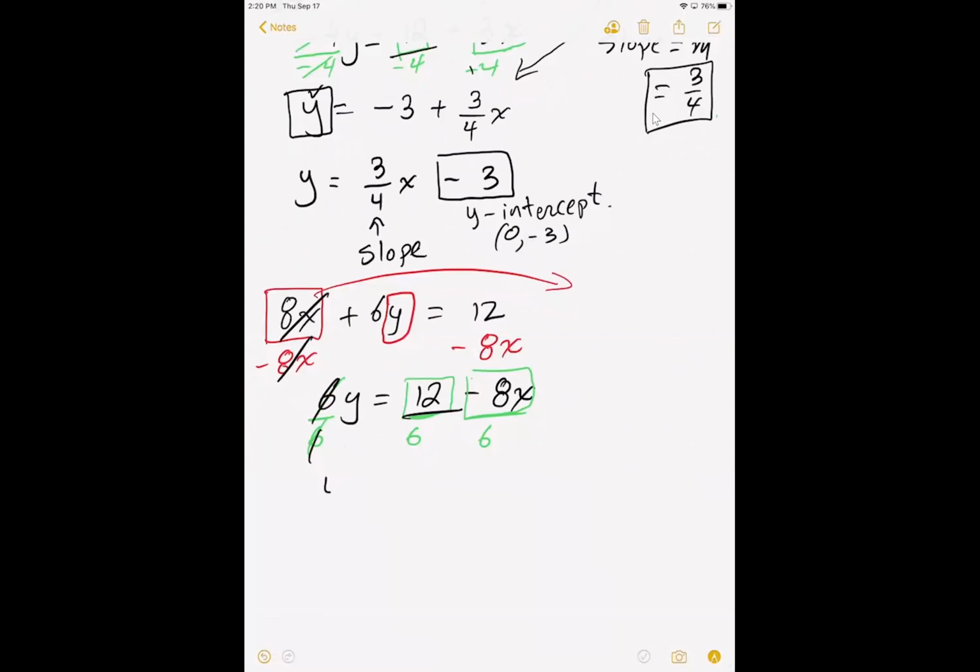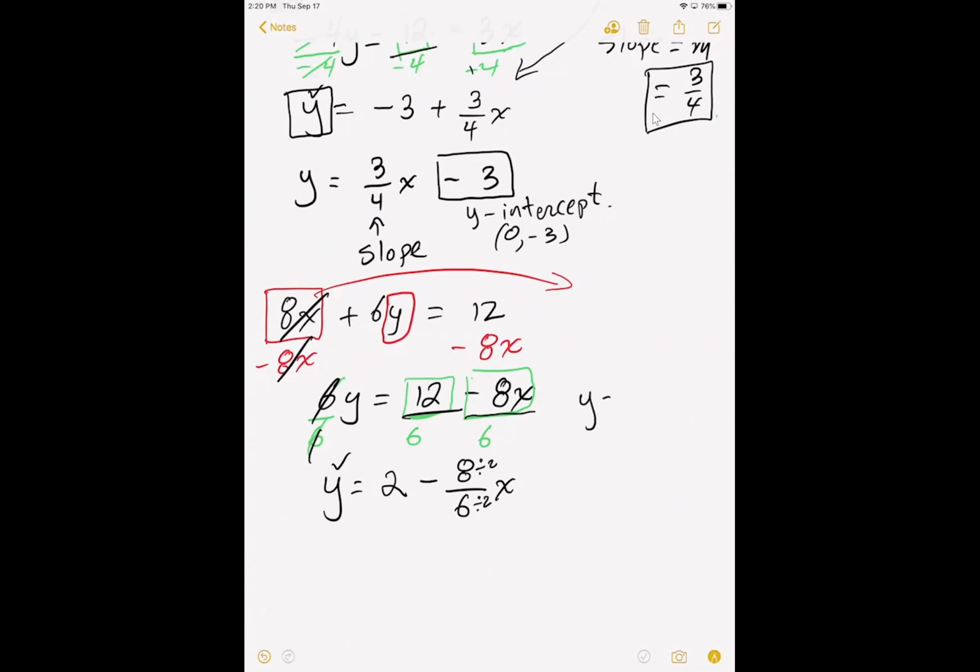My y is by itself. What is 6 going into 12? Well, 6 going into 12 will give me 2. 6 going into 8, I cannot do anything. Well, I could, because 6 going into 8 is not a whole number, but do you agree that 6 and 8 I can reduce by 2? If I divide by 2 on top and 2 on bottom, this is what I have.